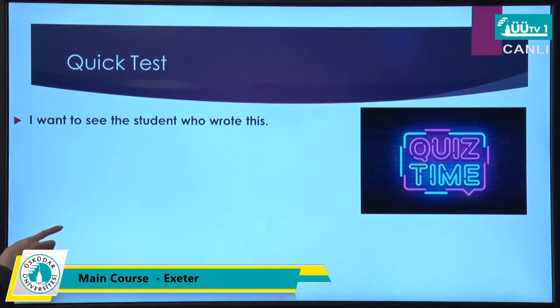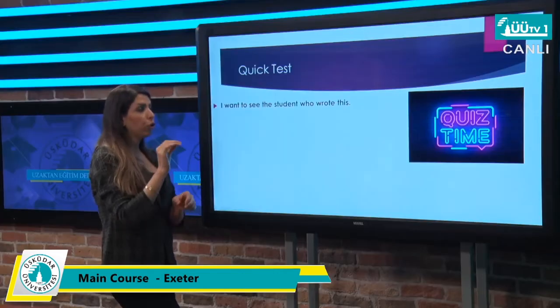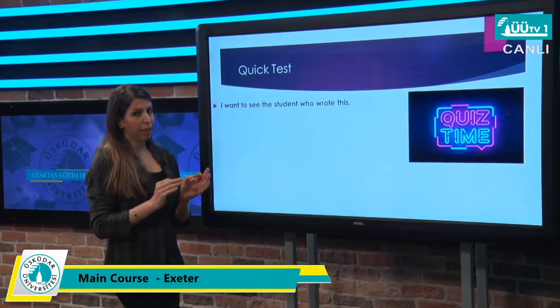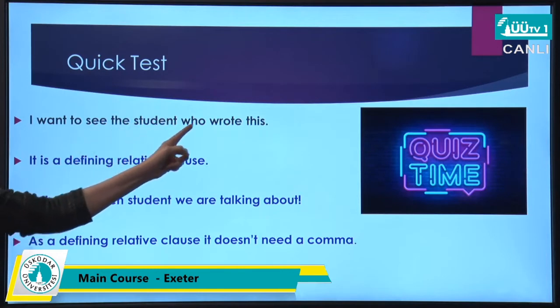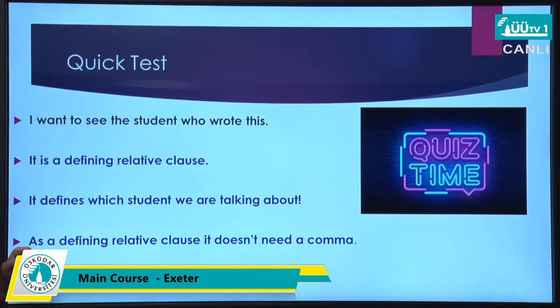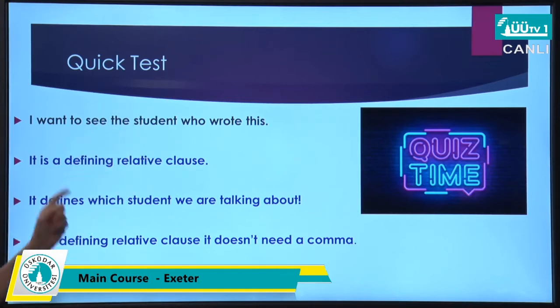Probably you're right. First of all, I give you a hint. You should clarify which part is relative clause. Who wrote this is the relative clause, and it gives information about the student. So it is a defining relative clause because it is necessary.